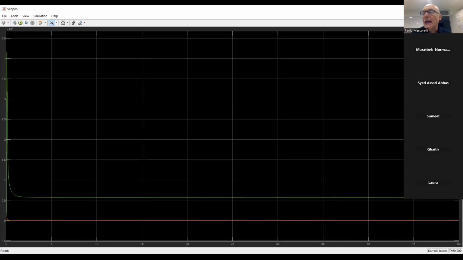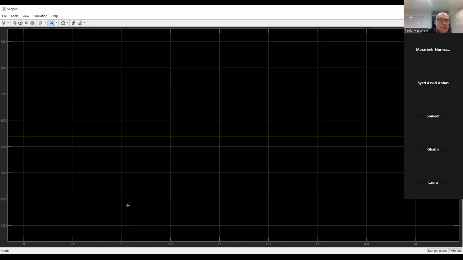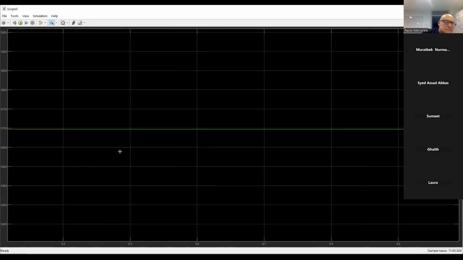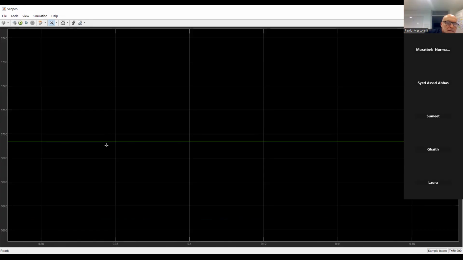And then we have here the estimation of x3, the last one. Did you able to read here?